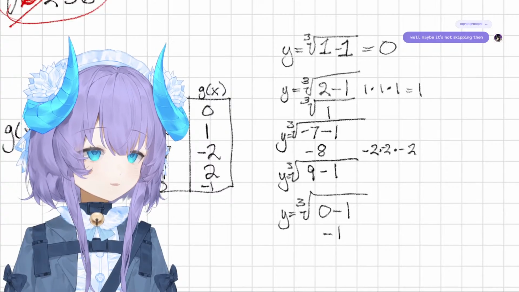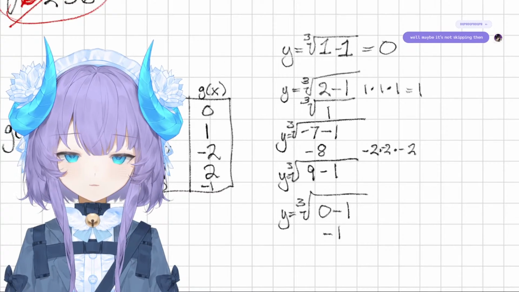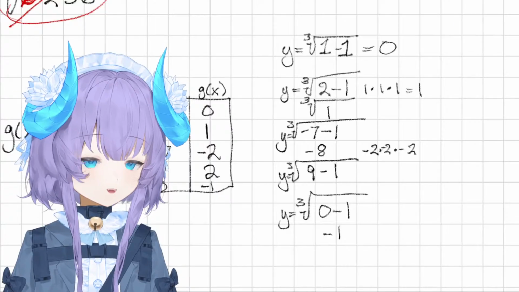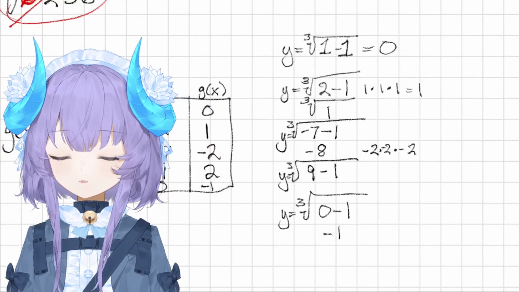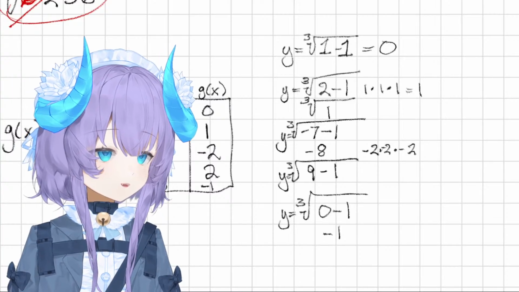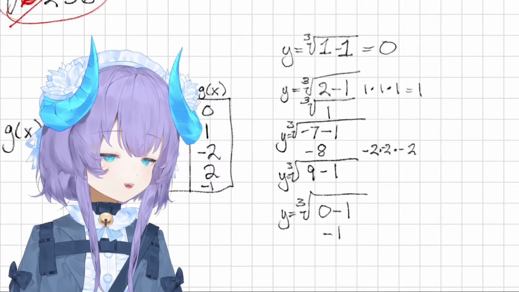Oh, now I have to graph it. Maybe not skipping. No, I do have to still do another math class. I'm trying to decide between statistics or another algebra. Okay, so let's see.